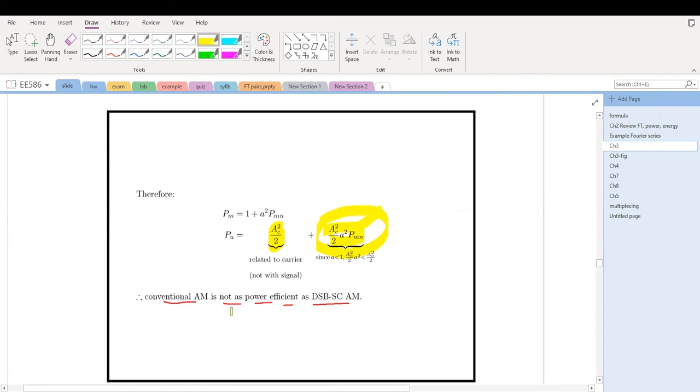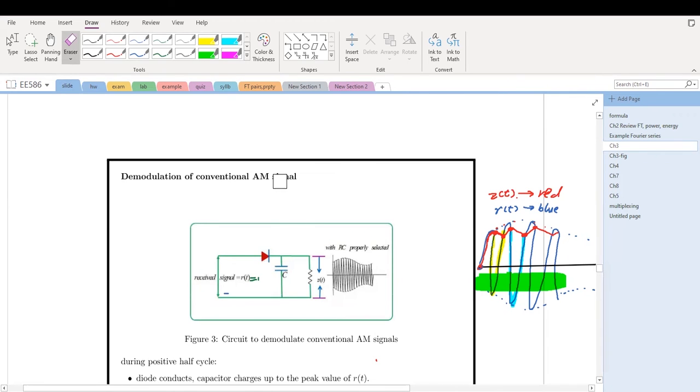We can say conventional AM is not as power efficient as DSB-SC because the carrier is transmitted. The receiver for the conventional AM can be achieved with a simple circuit containing an RC circuit and a diode. So this circuit is very inexpensive, very cost effective. And this is the advantage for transmitting the carrier at the transmitter for conventional AM.